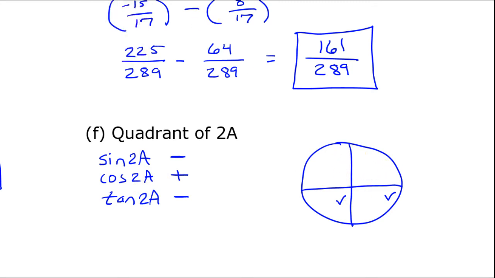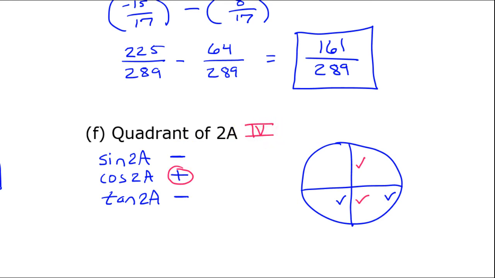So cosine will be positive here and here. Okay, so we already know the answer. The only quadrant that satisfies both of these conditions is the fourth quadrant. So the answer is quadrant 4.